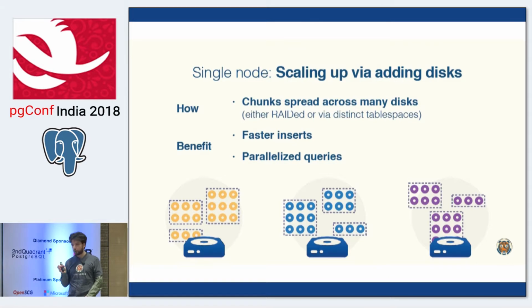This is especially great on AWS or Azure or any of the other cloud providers, where you can dynamically just attach SANs or block devices. And this allows for faster inserts because you're now parallelizing your I/O across different disks. And for the same reason, you can now parallelize your I/O across queries.